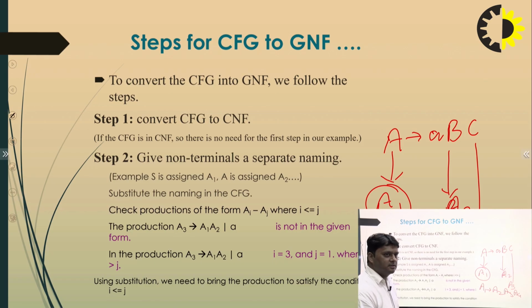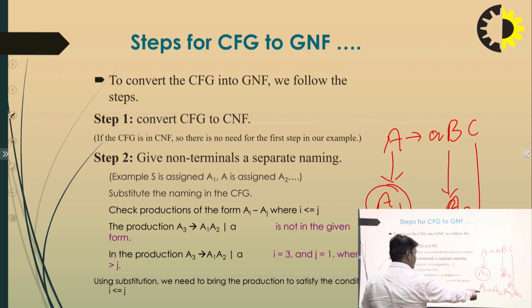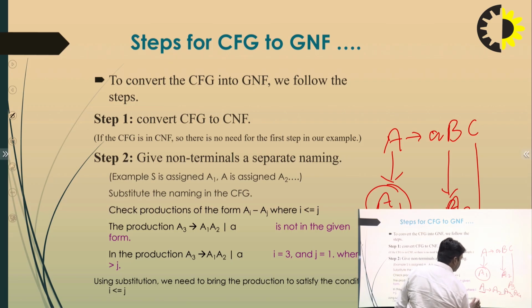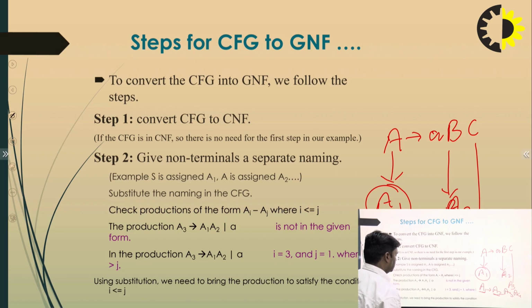This is the form of Ai ≤ Aj, meaning i is less than or equal to j. That is acceptable in GNF.